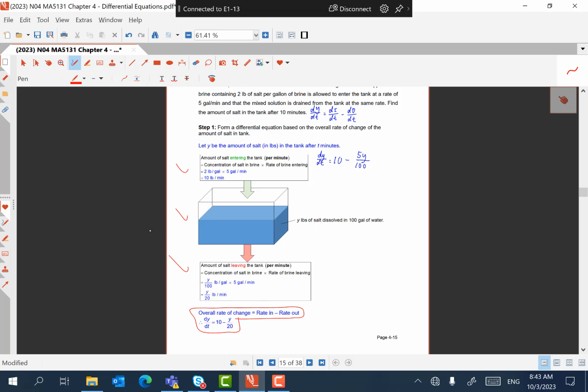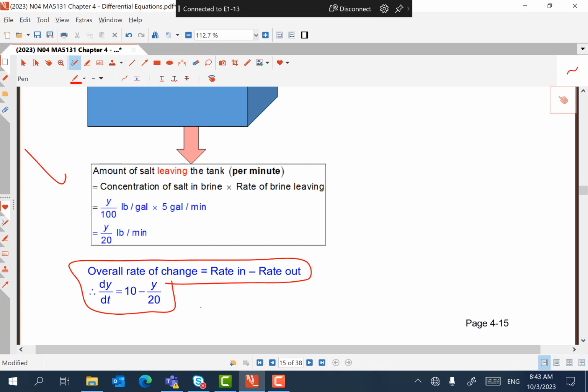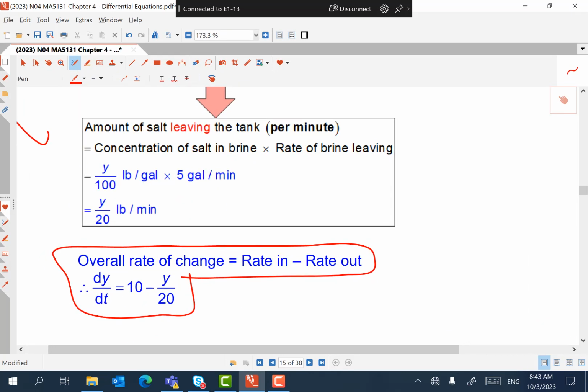But if you have understood my discussion, you would agree with me that the DE turns out to be just this. So this is how DE works. You study a physical phenomenon, and then you try to write down a DE that defines how things fluctuate.